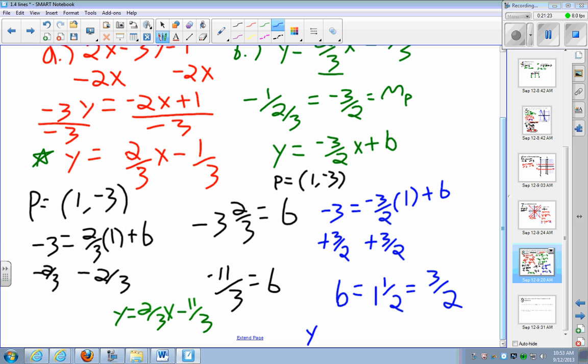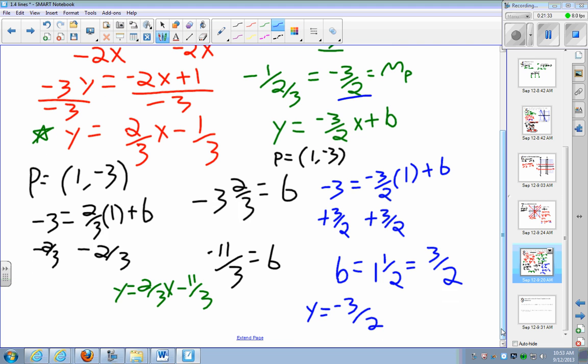And so we'll get y is equal to, we look at our perpendicular slope, negative 3/2 x plus our b, which is negative 3/2. And that ends up being the perpendicular line, and this from before was our parallel line.